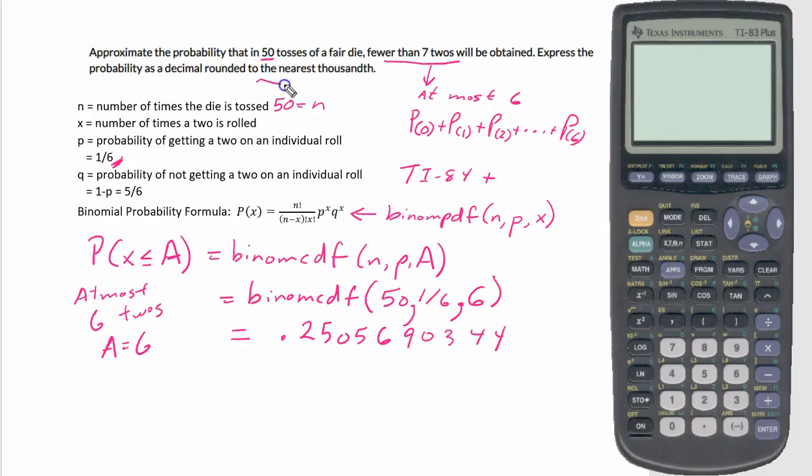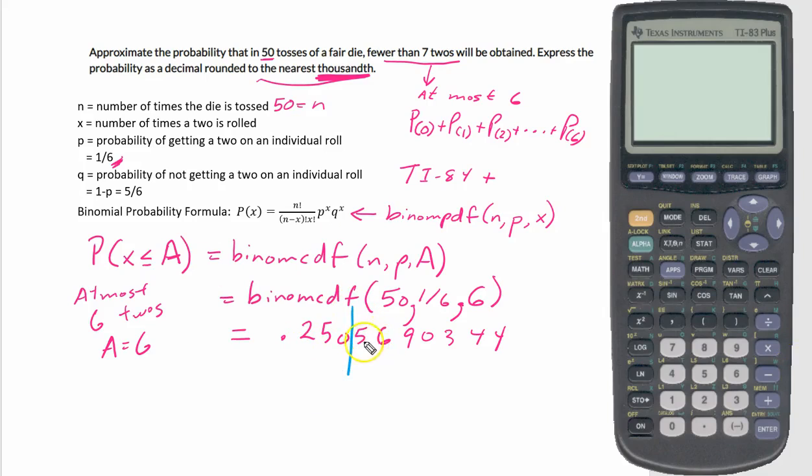Now, you've been told to round to the nearest thousandth. That is to 3 decimal places. Like, how can you tell how many zeros are in the number 1,000? 3 zeros. So you round to 3 decimal places. So if I'm going to do that, then we have 1, 2, 3.